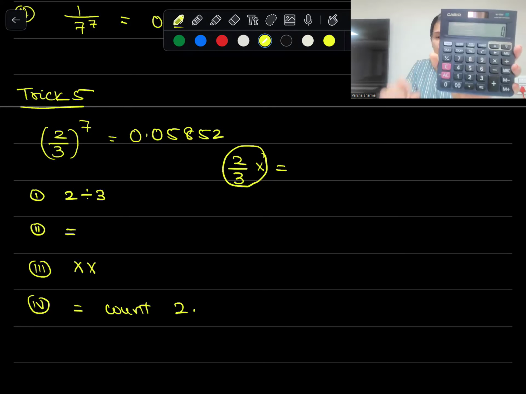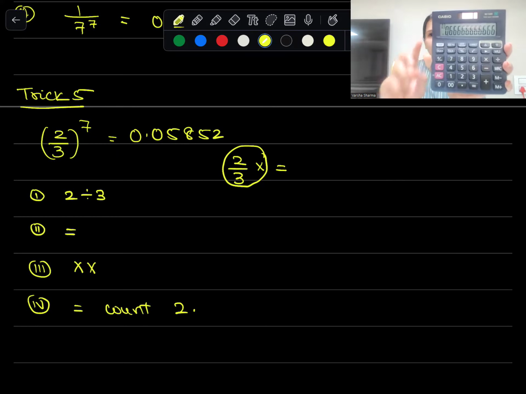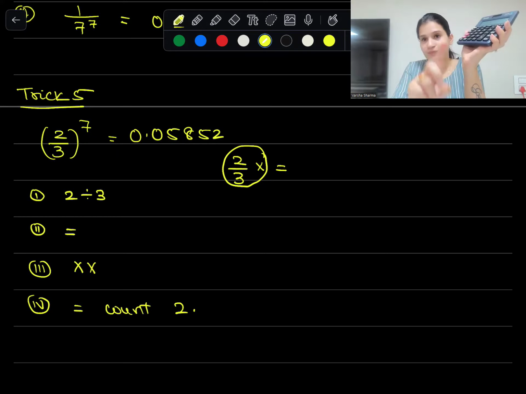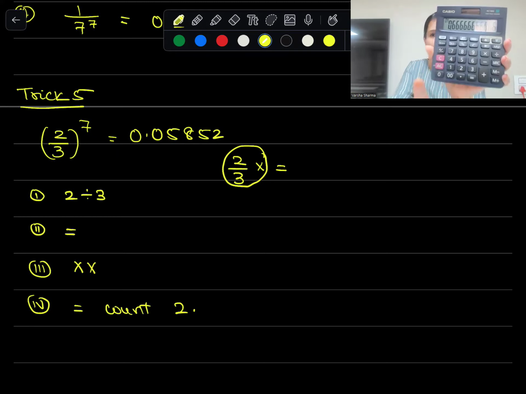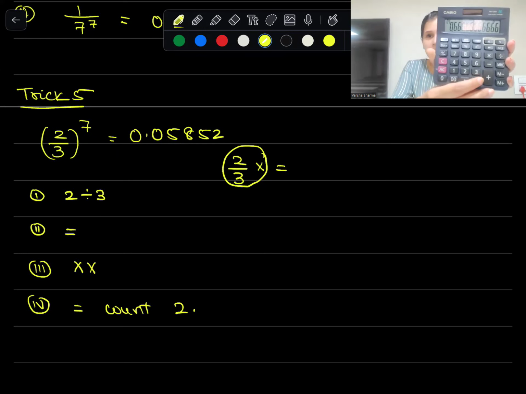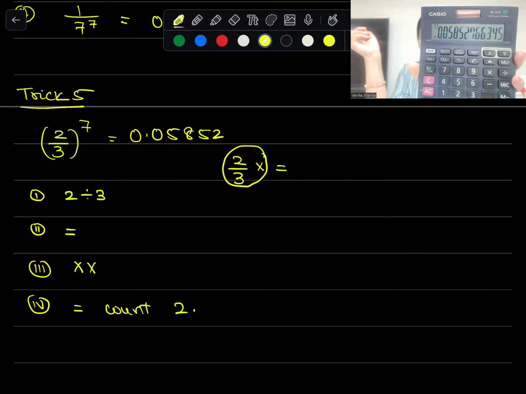Again, first on your screen, calculate 2 divided by 3 equal to, which gives the calculation for power 1. Now press the multiplication sign once or twice, whatever works in your calculator. Then start pressing equal to: 2, 3, 4, 5, 6, 7. This should be your answer on your screen.